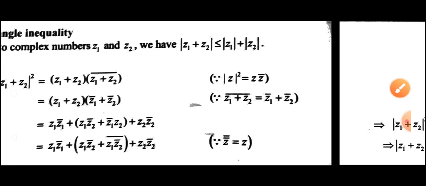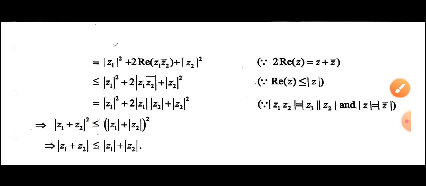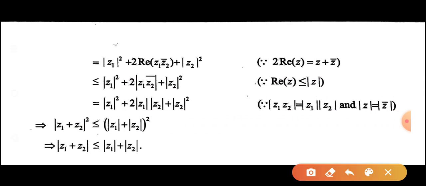Now the next step. Modulus z1 square, I already told you. Modulus z2 square, this is also told. In the center we have z plus z bar. What is the formula? z plus z bar equals 2 into real part of z.